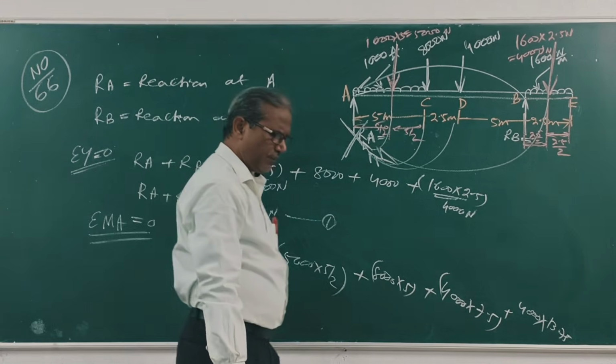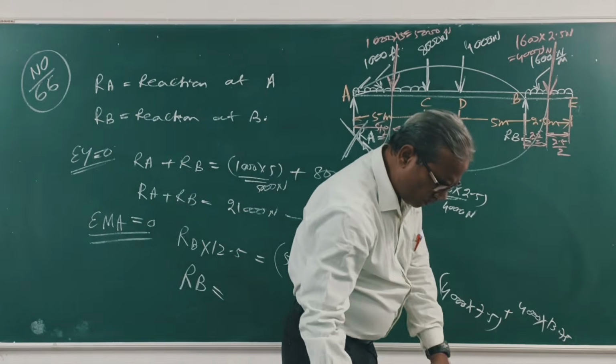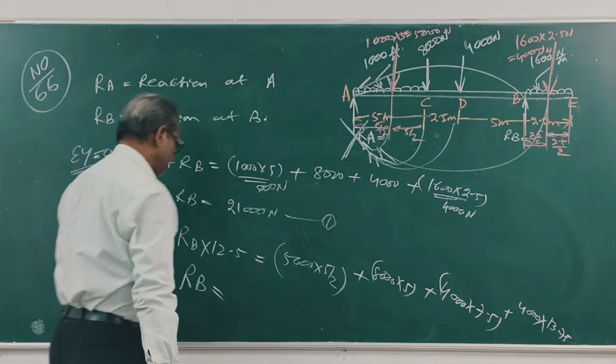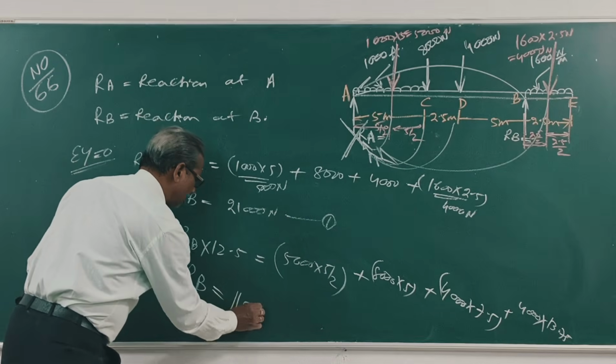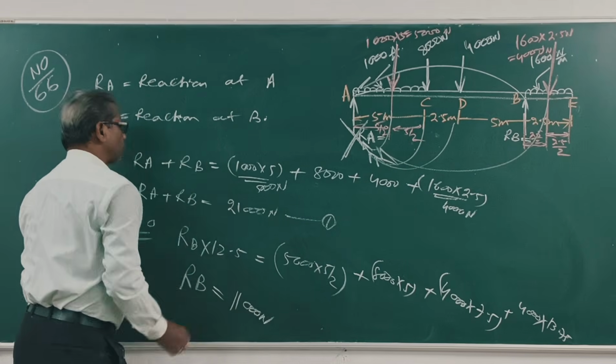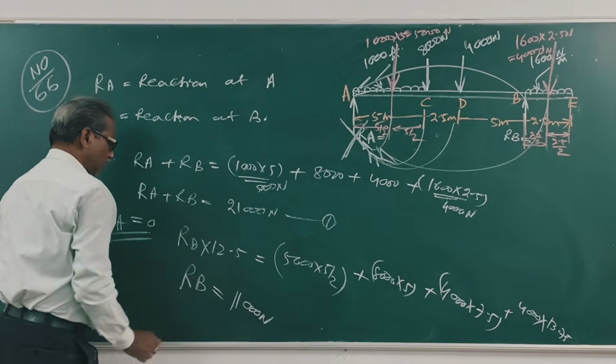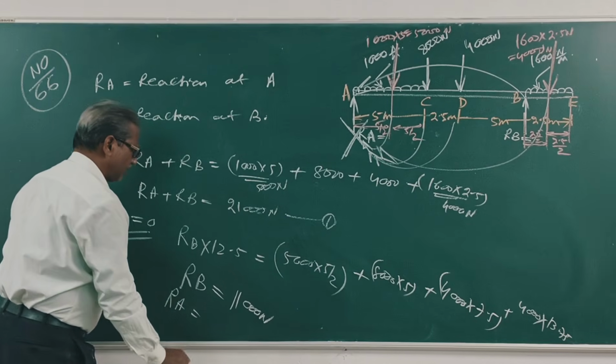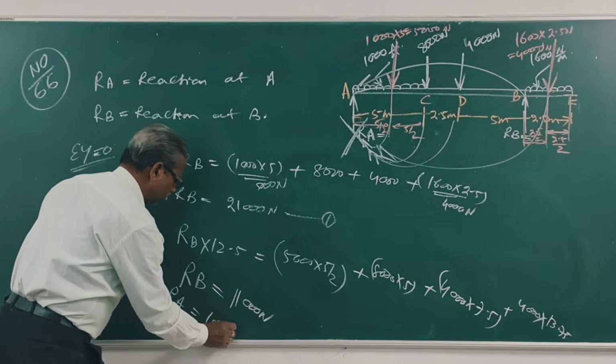Now RB is equal to 11,000 Newton. From equation 1, RA is equal to 21 minus RB, 10,000 Newton.